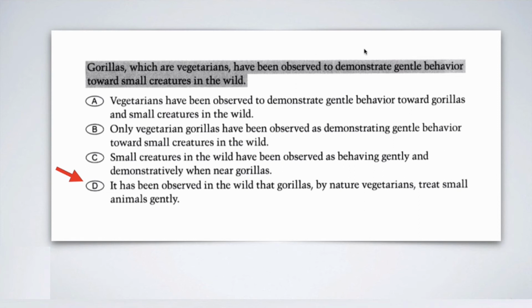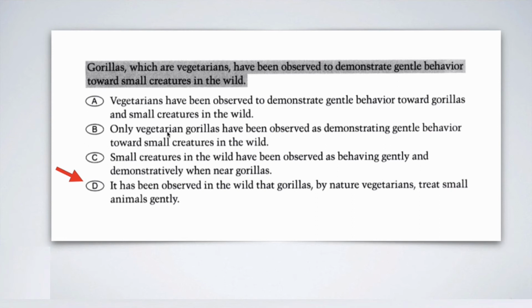So let's read other answer choices. Vegetarians have been observed to demonstrate gentle behaviors towards gorillas and small creatures in the wild. You see why it's funny? Vegetarian people are pretty nice when they encounter gorillas, and then they encounter small animals in the nature or in the wild, right? So this sentence talks about people.